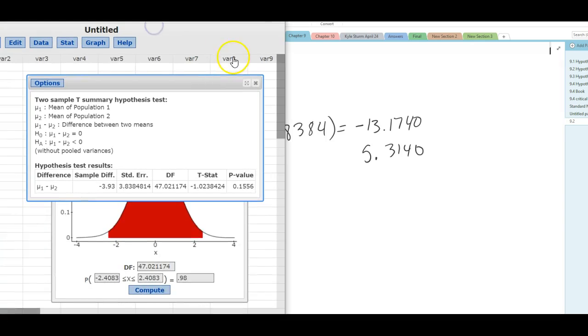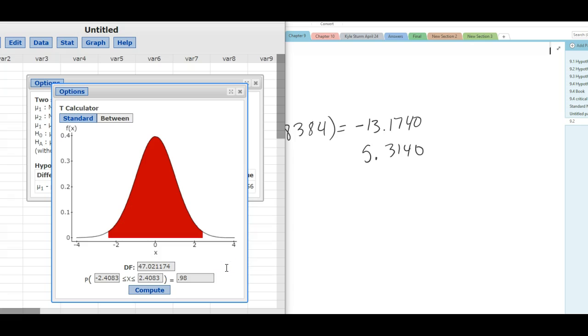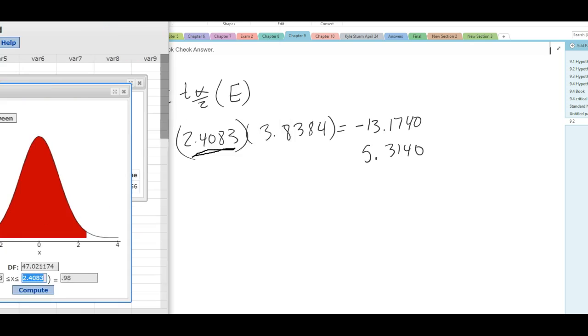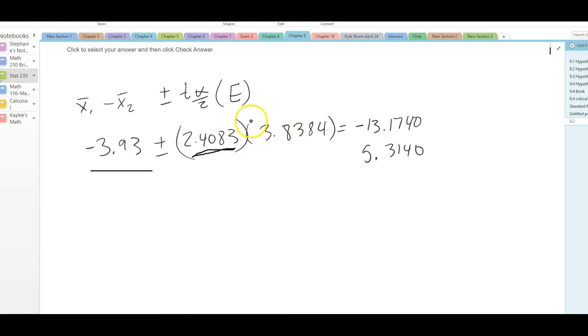Alpha here was 0.01, so that tells me 0.01 on the left and the right, which means 98% in between. Given the degrees of freedom for the specific example, it gives me the corresponding critical t value, which is going to be different for every problem, times the error.